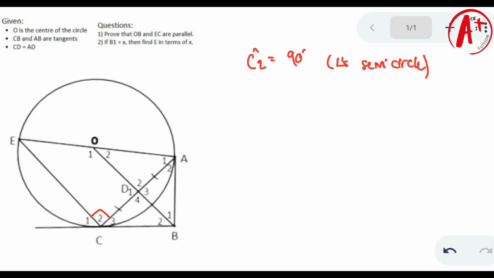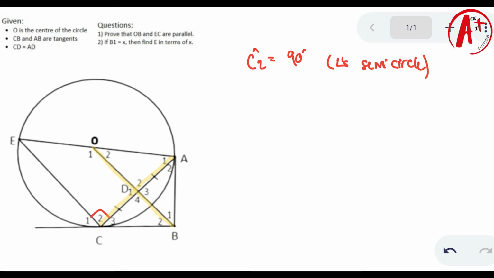We now need to prove that angle D2 is 90 degrees as well. We can see that the line OB passes through the center, and the line AC is a chord. It is also given that the line OB bisects the chord CDA. As we have this T shape with the longer part of the T passing through the center, we can use the first theorem.